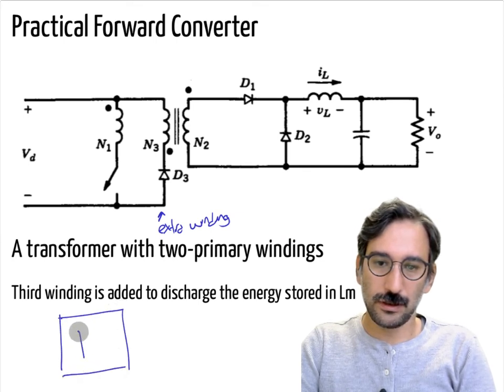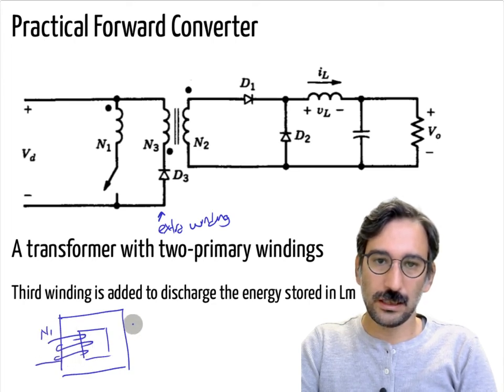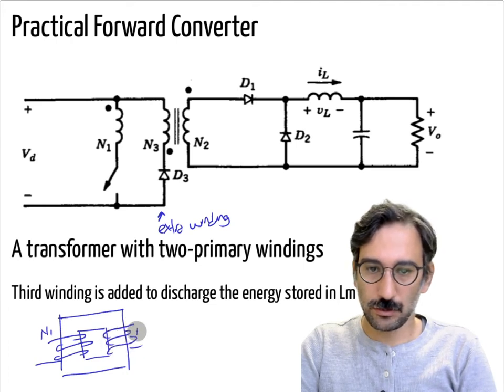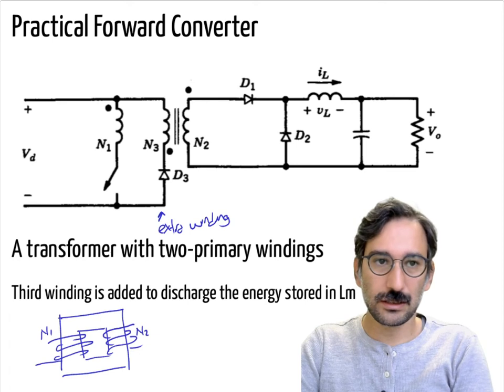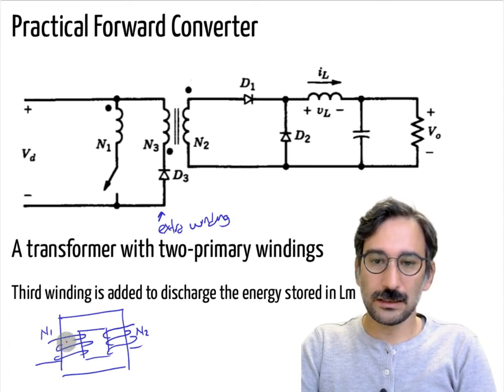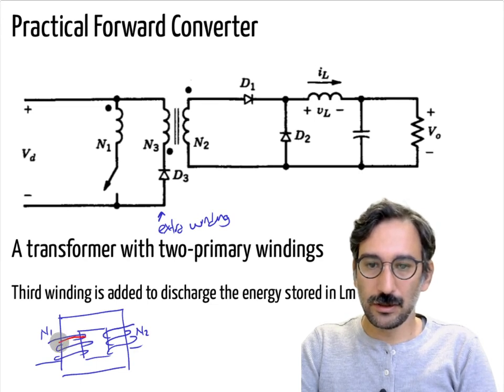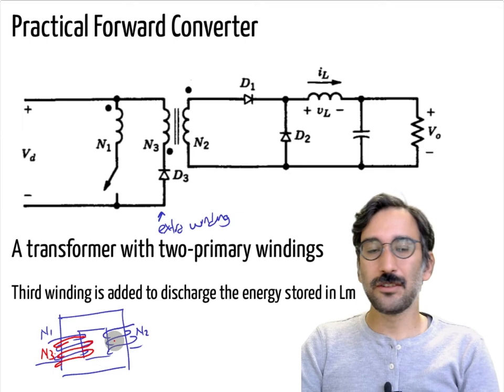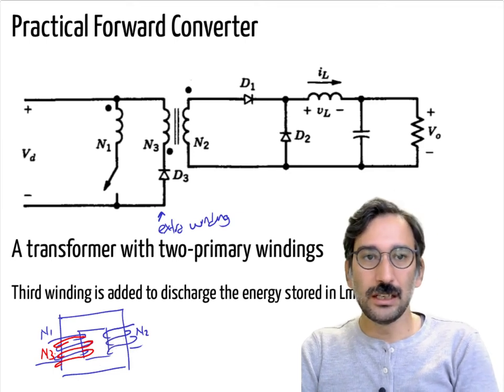You can have N1 and you can have N2. I'm not sure if I'm plotting the correct directions, but you can add another winding, N3. It can be here on top of that one, or all three can be on top of each other.